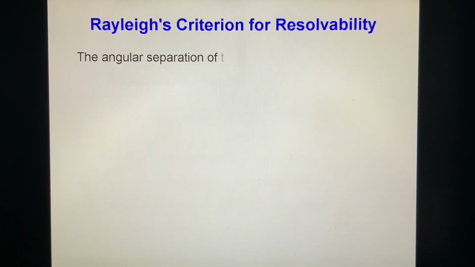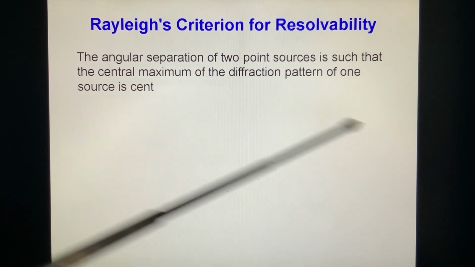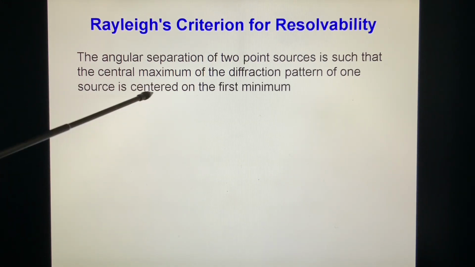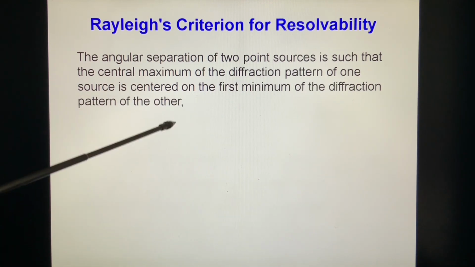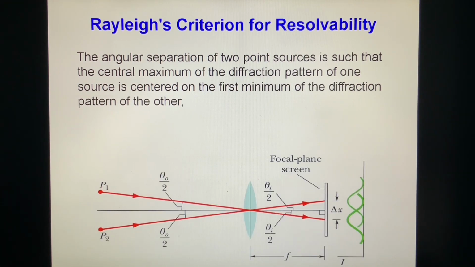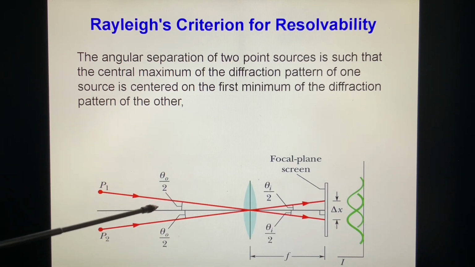The angular separation of two point sources is such that the central maximum of the diffraction pattern of one source is centered on the first minimum of the diffraction pattern of the other. Look this way. We have two separate point sources. We want to separate them. Now this is angle theta 0.